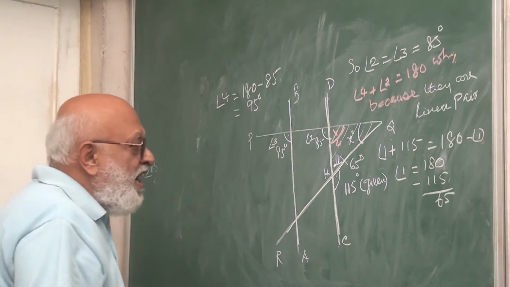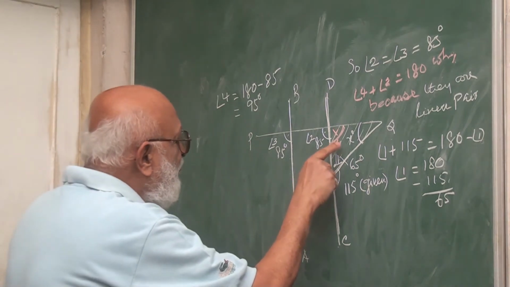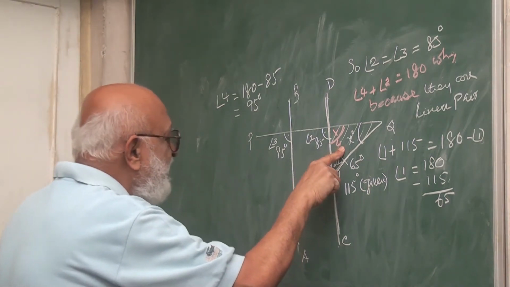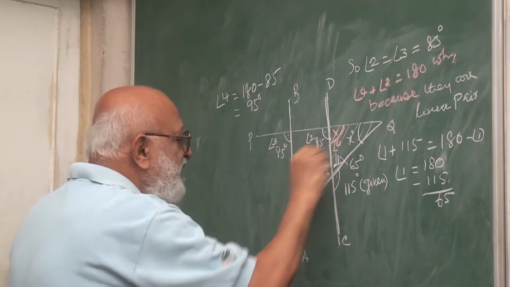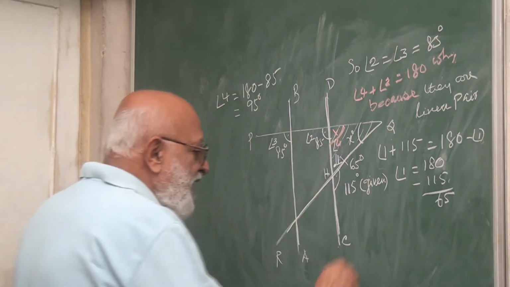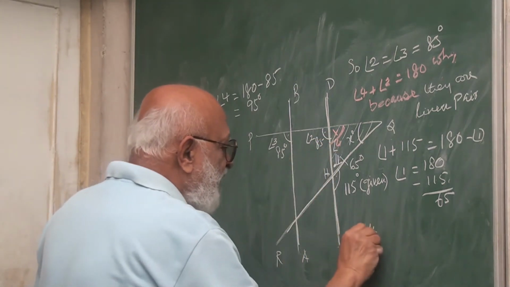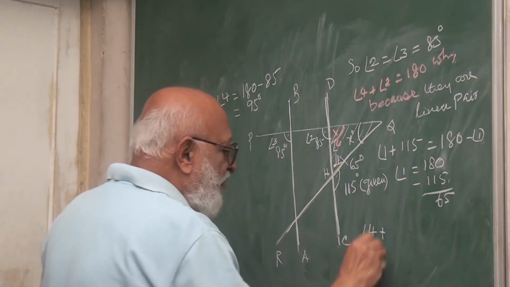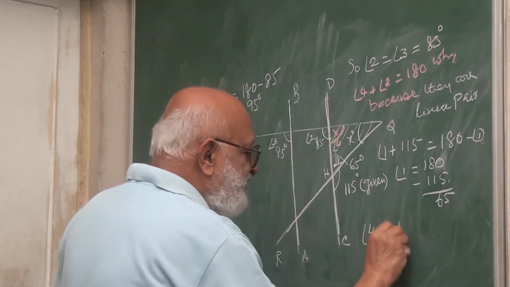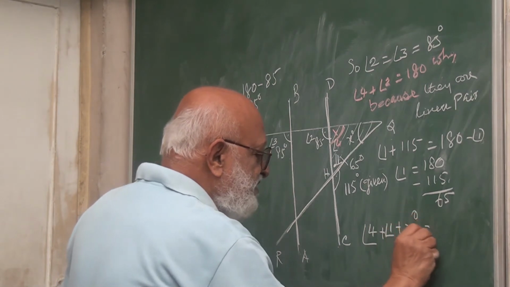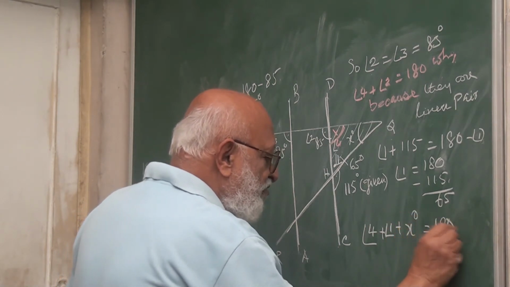So now I have got angle 4. This is angle 4, this is angle 4. So I have angle 4 plus angle 1 plus x is equal to 180. Why?